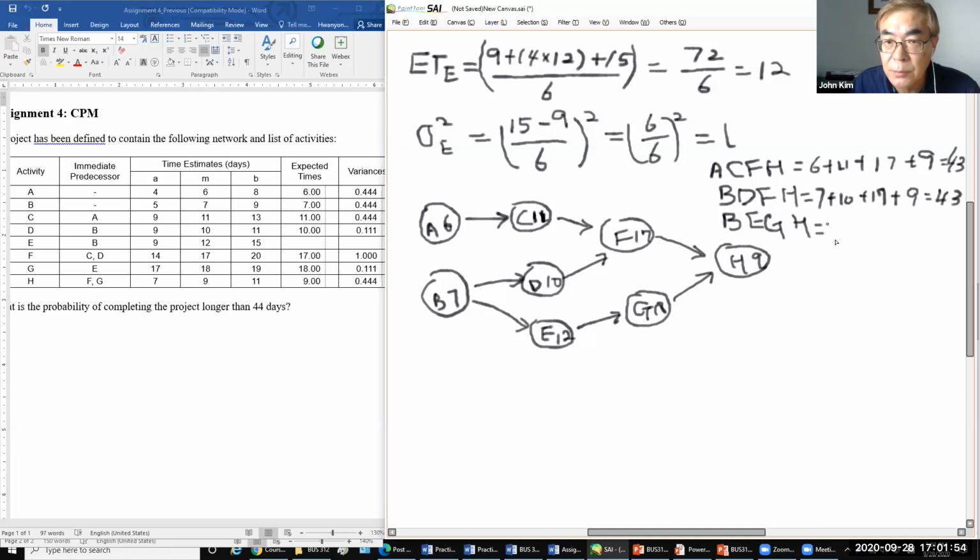And this one is 7 plus 12 plus 18 plus 9 equals 46. So this one is the longest, and the critical path is this one.